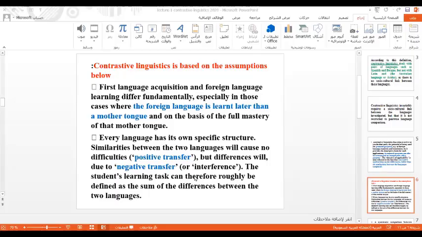It states that the child is born with innate ideas and mental faculties. You have innate ideas you come out with. I mean the child, while he is a fetus, is equipped with what is called innate ideas.